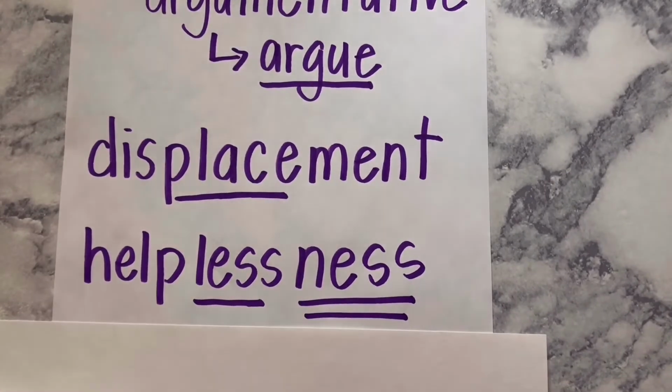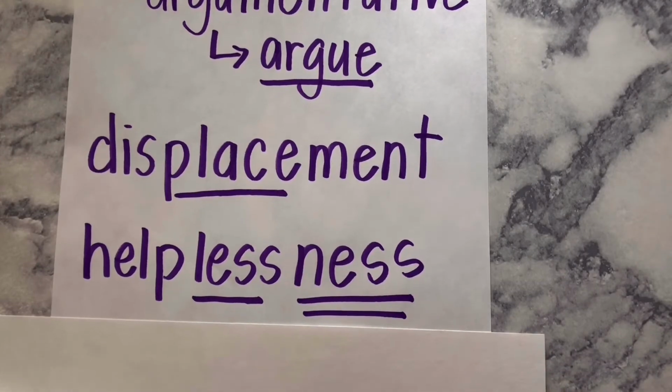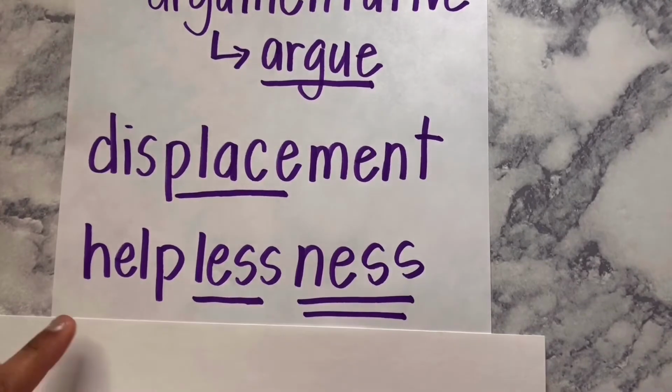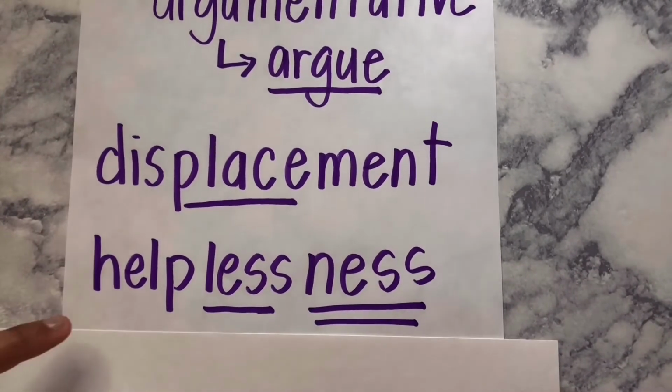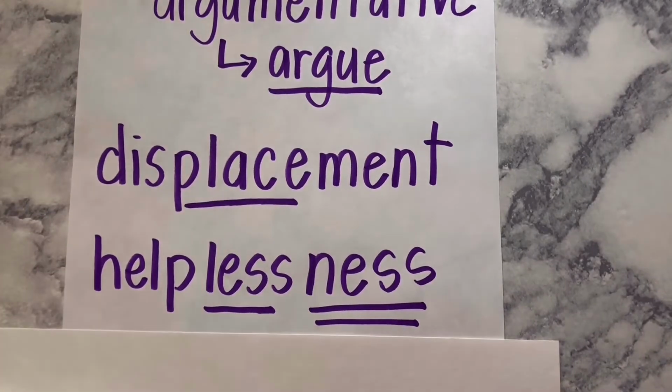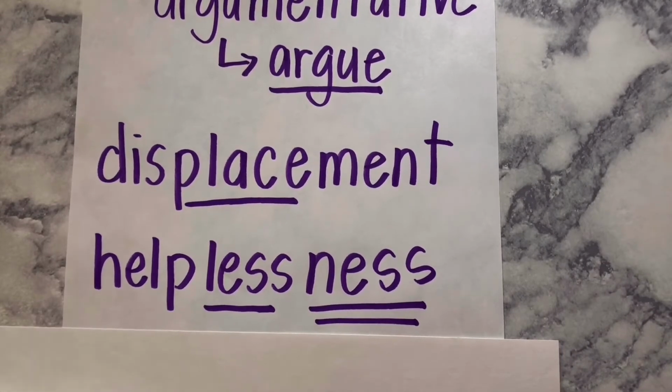The act of having helplessness or feeling that nothing can help you at all. And then helpless is without help. So identifying the base word of a word that we already know, and then noticing the suffix and the prefix helps us know how it changes its meaning and what interpretation I can get out of this vocabulary word.